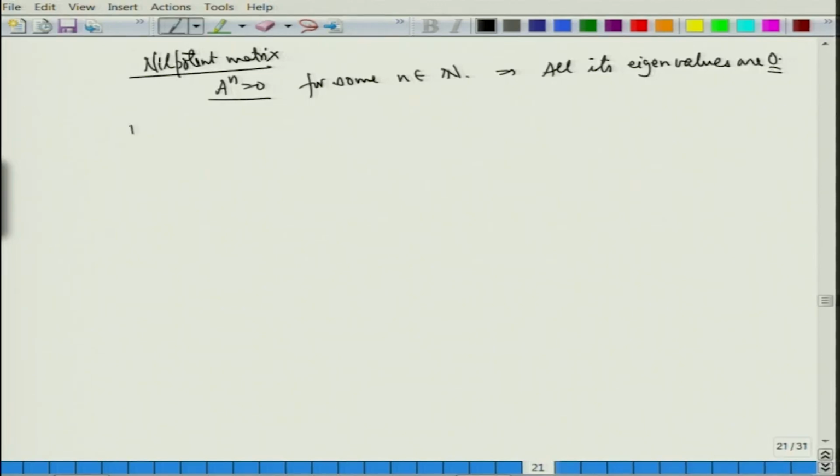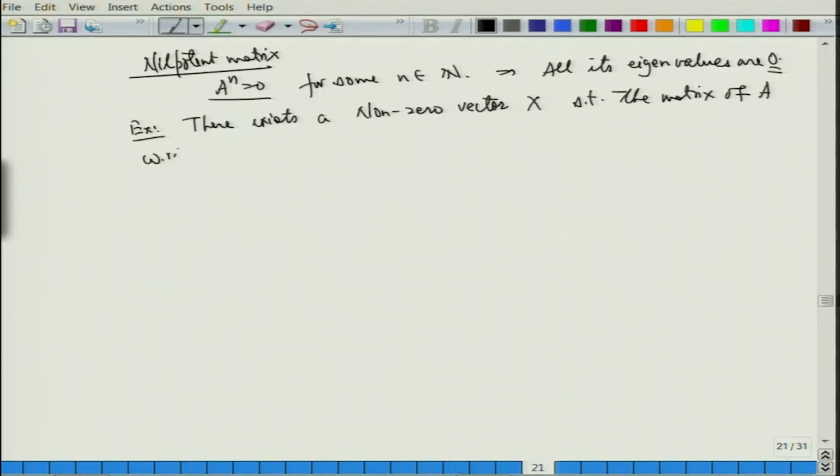So I would like you to show as an exercise that there exists a non-zero vector x such that the matrix of A with respect to a basis generated using x and things like that.